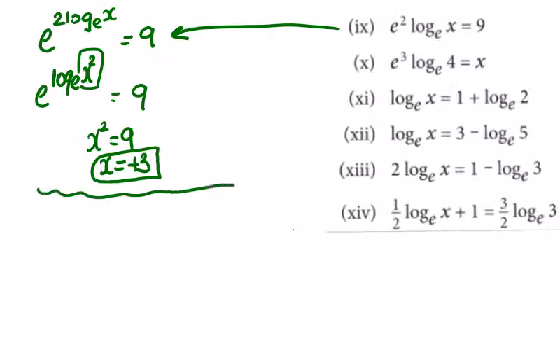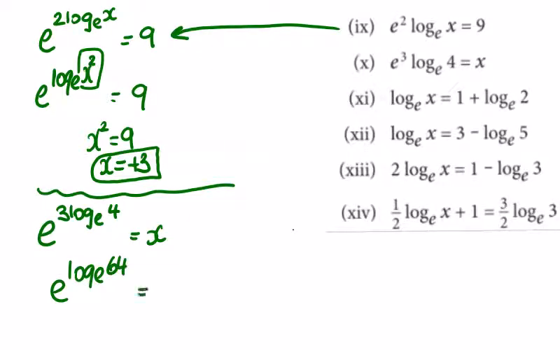And then similarly for number 10, we're going to get e to the power of 3 by the log of 4 to the base e is equal to x. So we're going to get e to the power of log to the base e of 4 cubed, which is 64, is equal to x. So in this case, x is going to be 64.